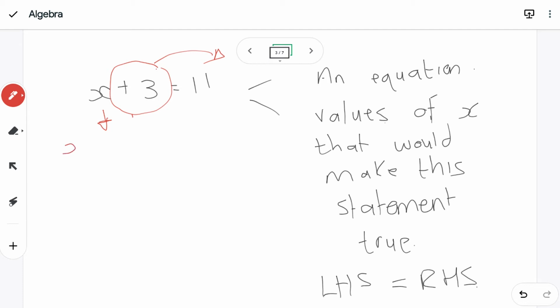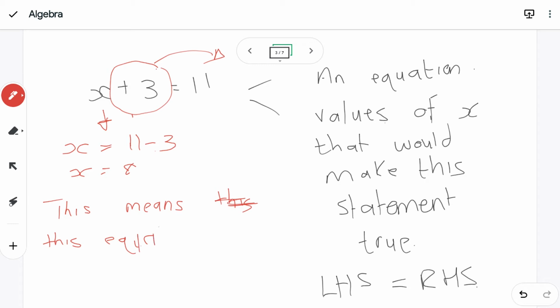So it would be x is equal to 11 minus 3, and in this case x would be 8. This means that this equation is true only when x is equal to 8.